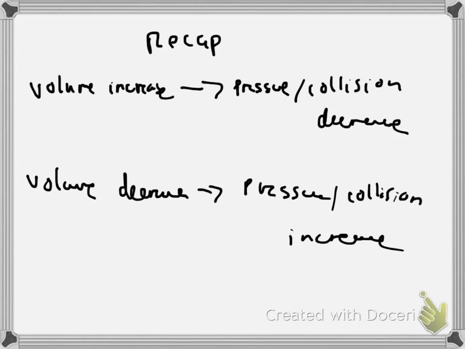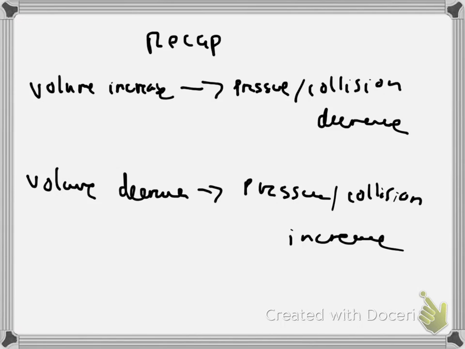Okay, so I hope those two examples helped your understanding of the relationships between pressure, volume, and collisions. Just to recap, this relationship not only applies here, but I wanted to talk about how it actually applies in the examples.